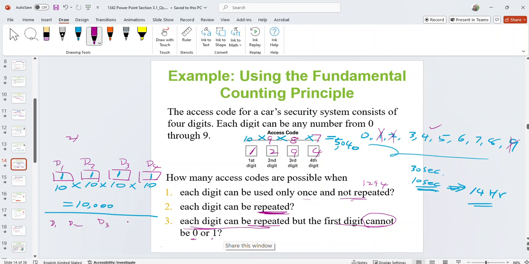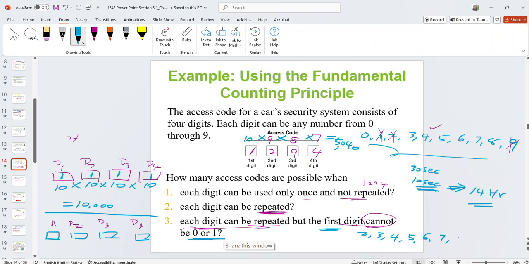Similar, we have 4 digits, but the fourth digit cannot be 0 or 1. So what else can you choose? You can have 2, 3, 4, 5, 6, 7, 8, and 9, right?